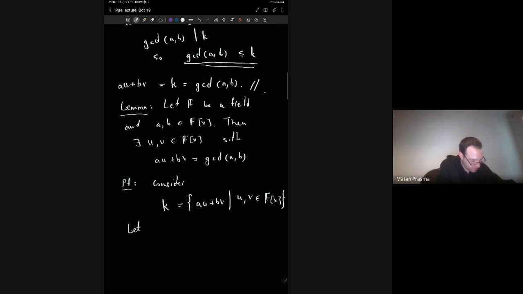So let K in K be an element of smallest degree. So K is equal to some AU plus BV.